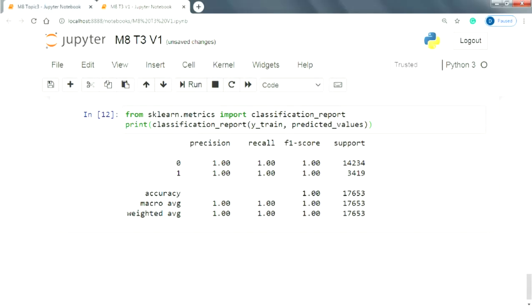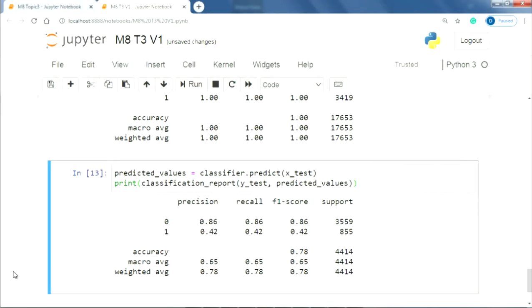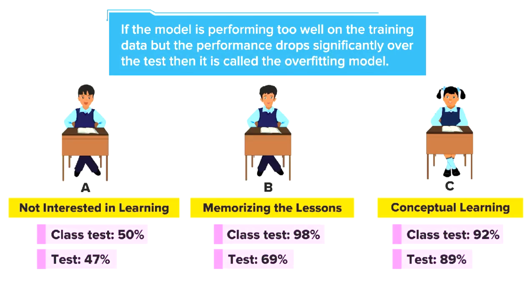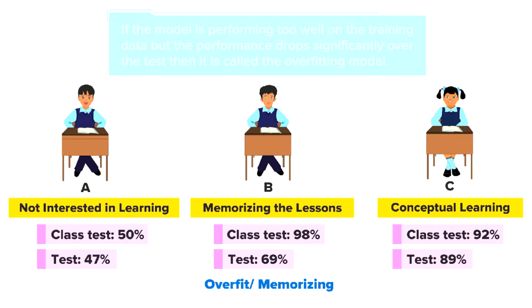Similarly, our decision tree classifier tries to learn each and every point from the training data but suffers radically when it encounters a new data point in the test set as it is not able to generalize well. The situation where any given model is performing too well on the training data but the performance drops significantly over the test set is called an overfitting model. For example, the decision tree classifier which we just built.